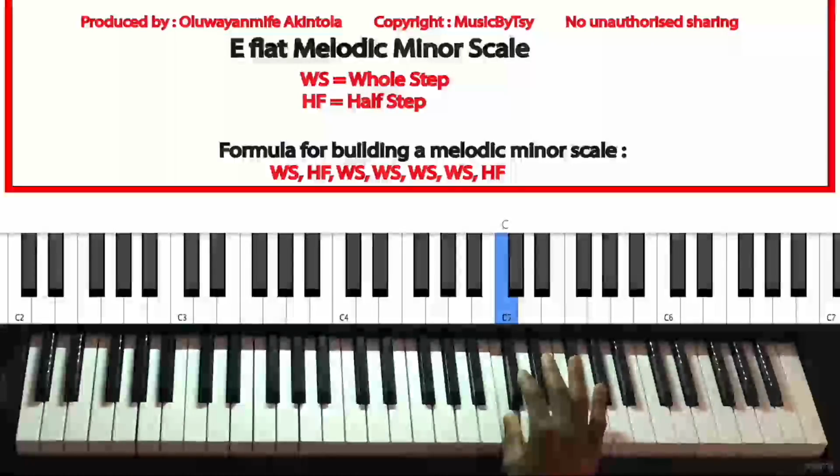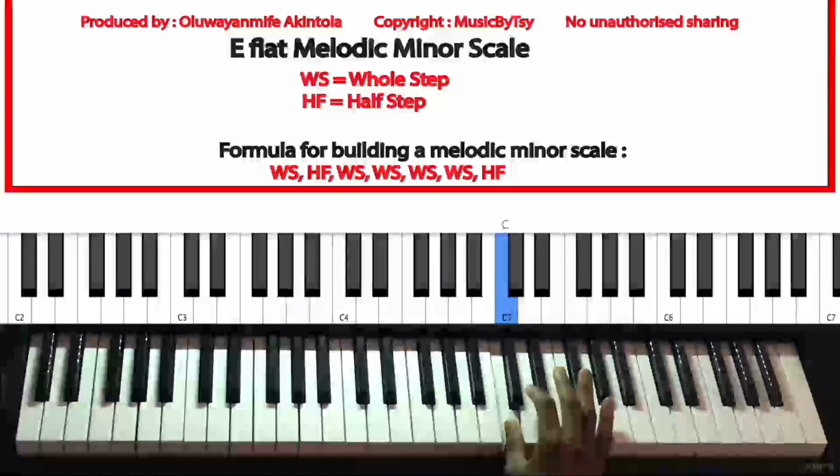Now the 7th note of the E flat natural minor scale would have been the key of C sharp, but because we are building the E flat melodic minor scale, the seventh note is going to be increased by a half step. So the seventh note is not going to be the key of C sharp.